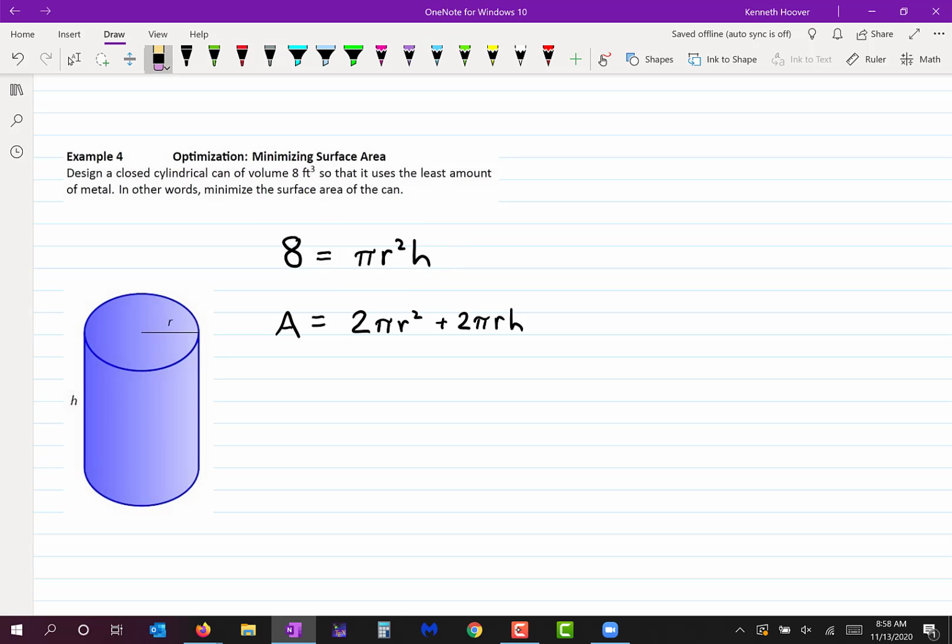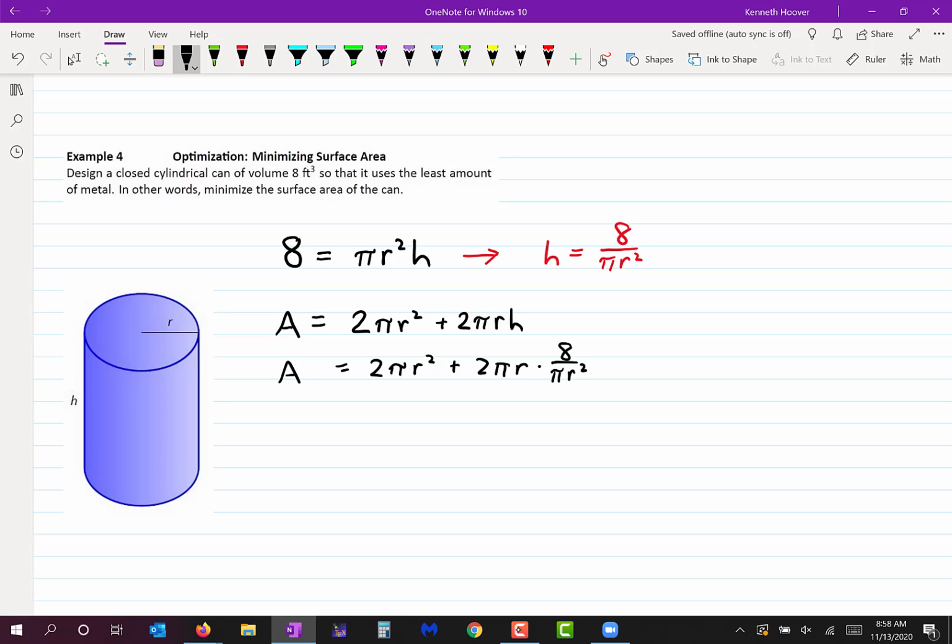Because pi r squared h equals 8, then that tells me that h must be 8 divided by pi r squared. So in my formula for area, I can replace the h. Whoops, that should be a plus sign. I can replace the h with 8 over pi r squared.